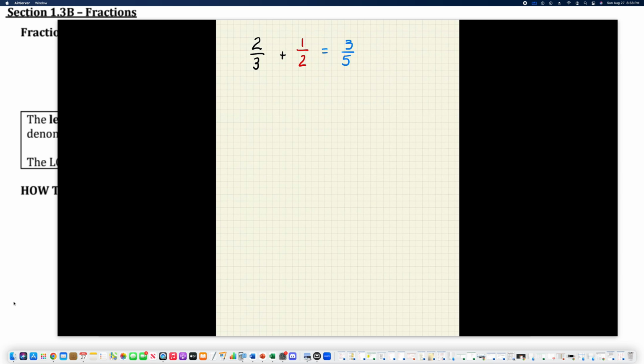So if something's not looking right and you can't quite remember, oh man, what's the rule on how to do this again? Draw yourself a picture. Pictures are worth 1,000 words. Don't use circles. Use a square. So, for example, I'm going to go to my 2/3 and I'm going to draw a square.